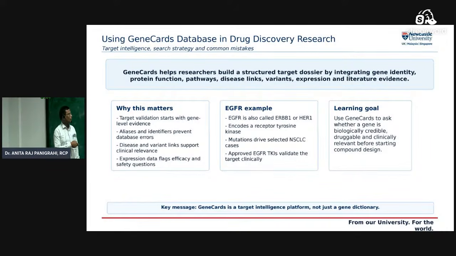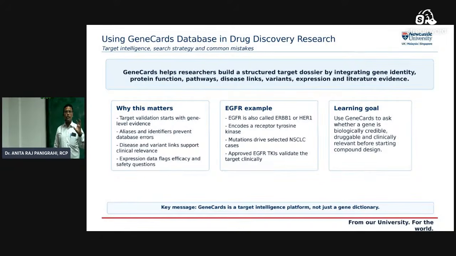Then the learning goal is using GeneCards to ask whether a gene is biologically credible, druggable, and clinically relevant before starting a compound design. Here, druggable means for every protein we should identify whether it contains an active domain or not.